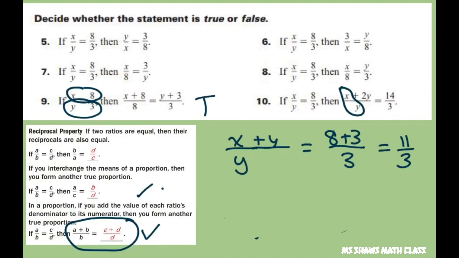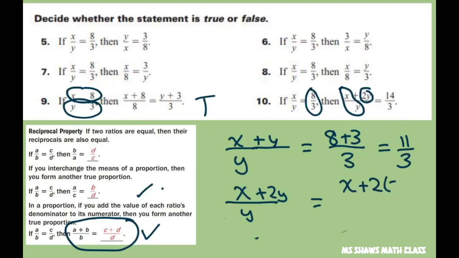And they're adding the 2y, and we're not adding the denominator to it. We're adding 2y. So that's this one. This one would be true because if you're adding the 2y, so let's say we have x over y plus 2y, then what I'm going to do for the second part is x plus 2 times 3 over 3.